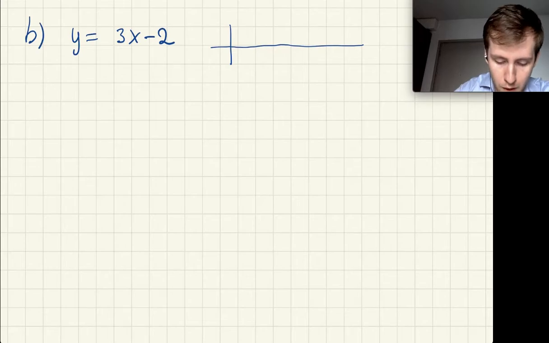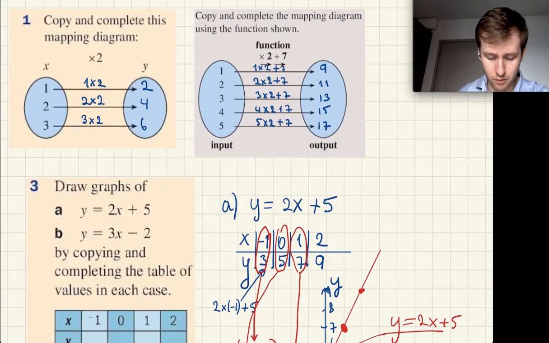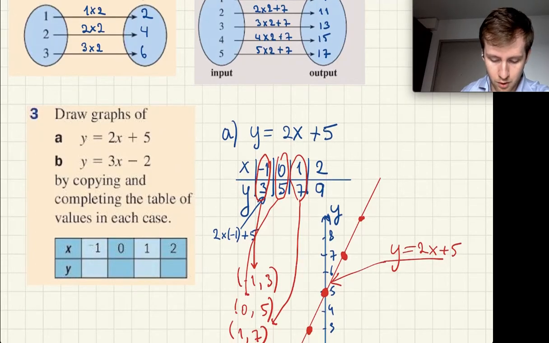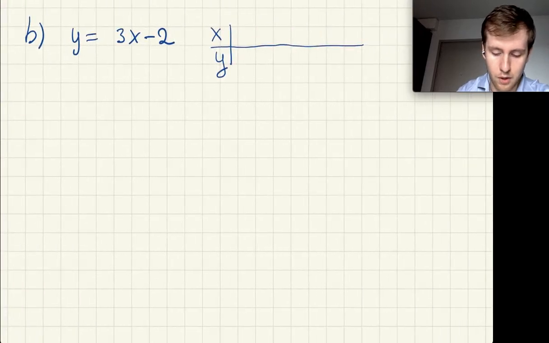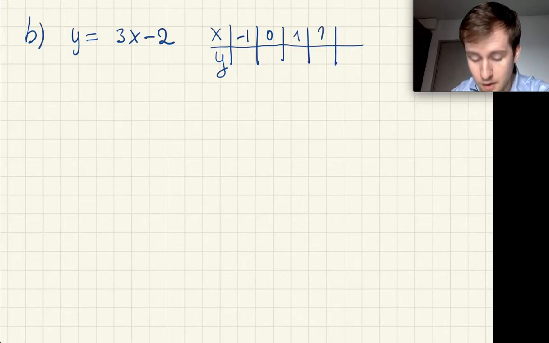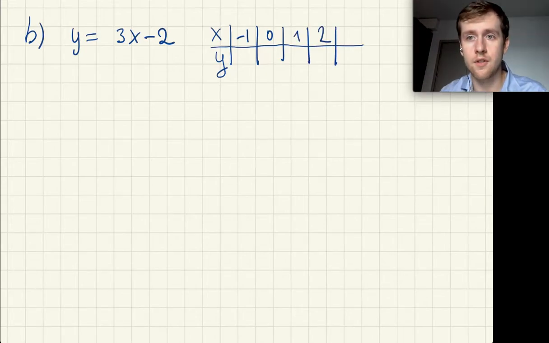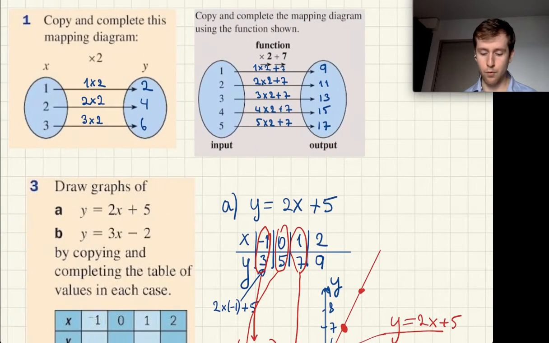So table of values first. So we have x and y, and we are told in this question that we have to put these values to be x. So it's minus 1, 0, 1, and then 2. These are our x values. And we do the same thing as we did before.